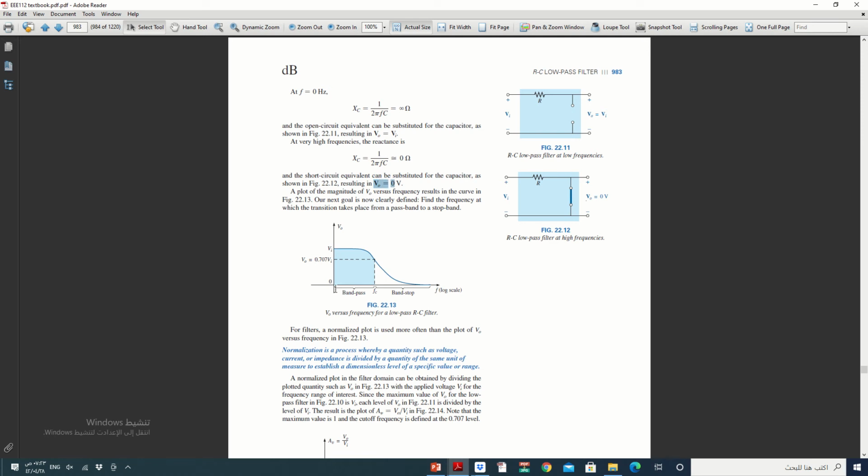We can draw V out versus frequency of the low pass RC filter like this. At 0 frequency, the V output will equal V input, and then, until we reach some point, it will decrease as we increase the frequency until we reach almost 0.